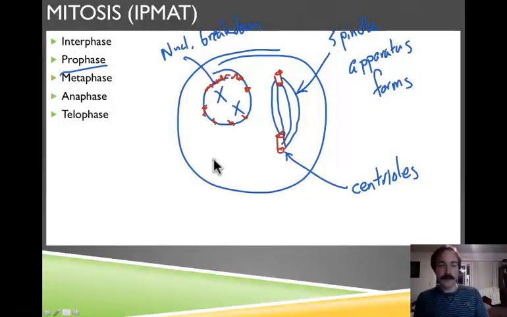Now, the question I usually get is, okay, that's the spindle apparatus, and these are the centrioles, but what the hell is a spindle? Okay, so the best analogy I can think of is if you're aware of how a fishing pole works. On a fishing pole, you have the reel, which spins.